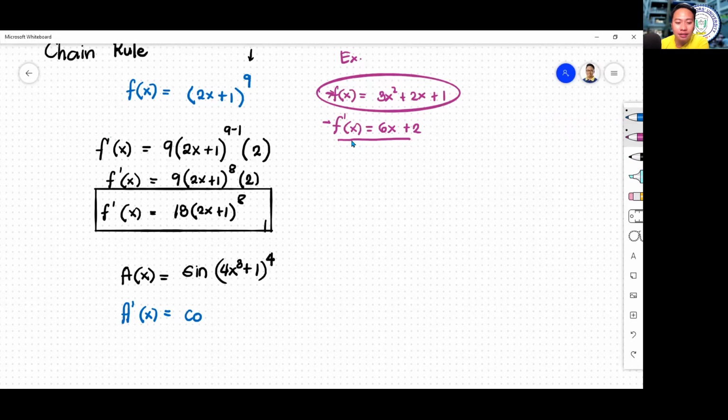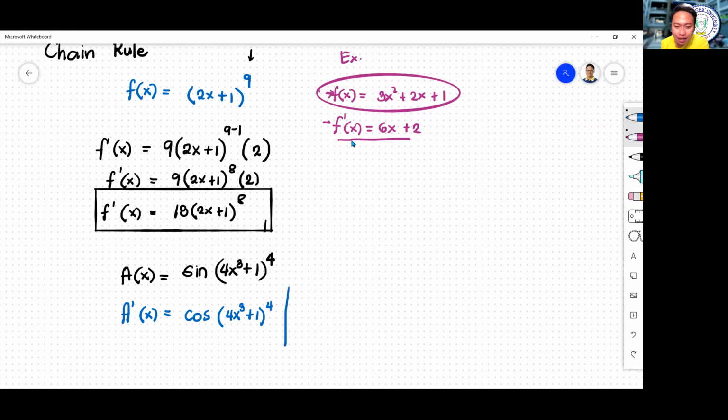So you still have to copy what's inside. Cosine 4x cubed plus 1 raised to the power of 4. So that's the derivative of the whole thing.